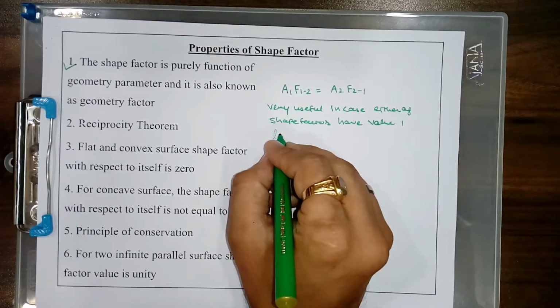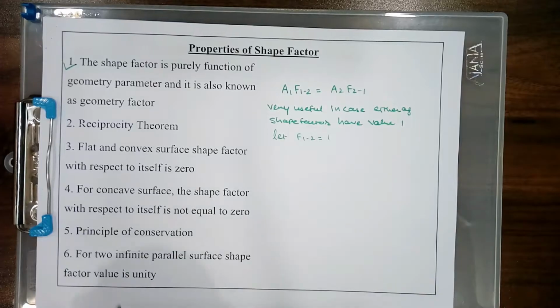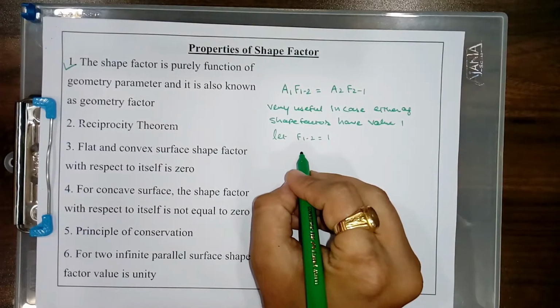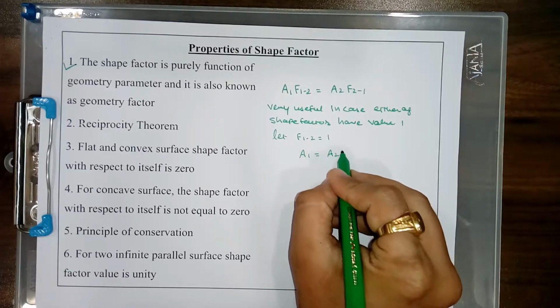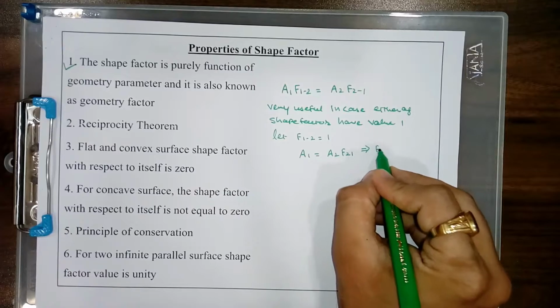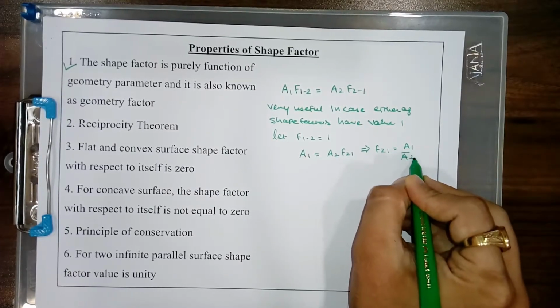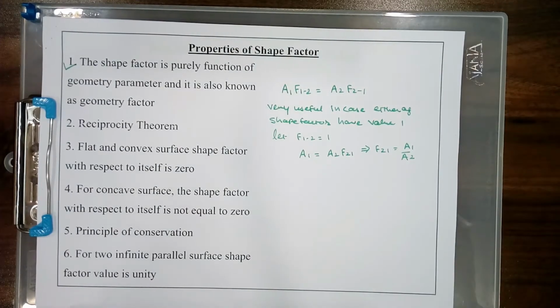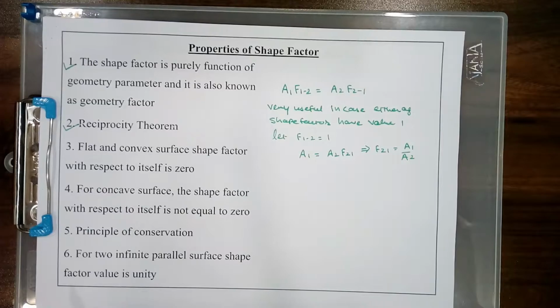Let me take F12 as 1. Then our expression becomes A1 equals A2 into F21. This implies that F21 is easily calculated from the ratio of the areas of the two surfaces. So this is the second property. It is also very useful for solving numericals.